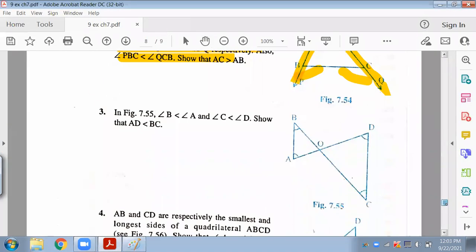Question number 3 is, it is given that angle B is less than angle A, angle C is less than angle D. We have to show that AD is less than BC. Okay, let's do it.